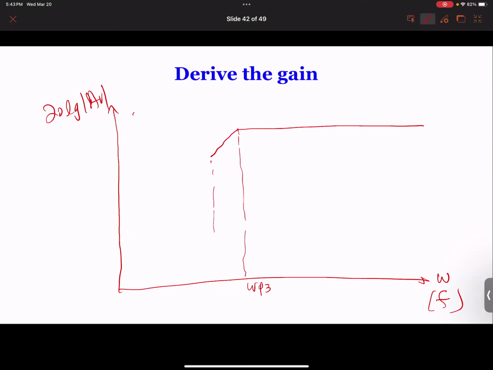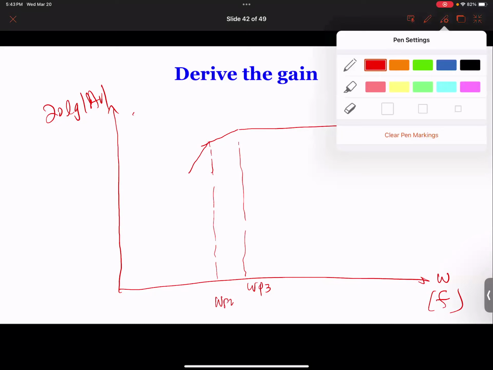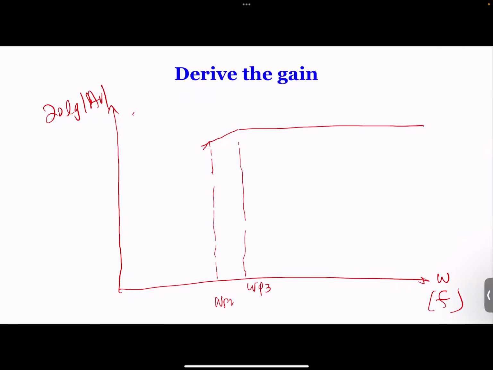And then along the second, omega P2, you get another 40 dB drop. Maybe this way, maybe draw it a little flat.